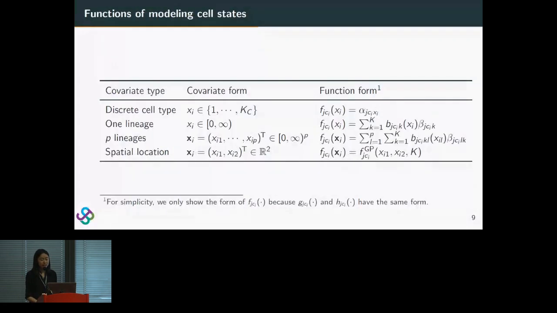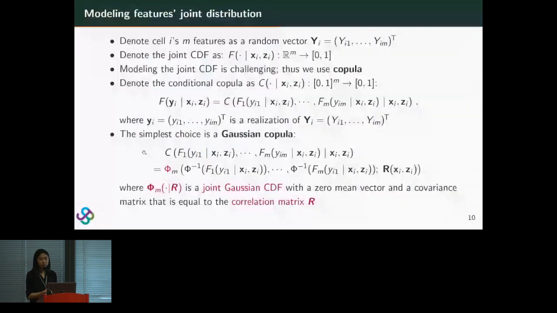So for the cell state covariates, as I mentioned, we can consider cell types, one lineage, P lineages, and spatial location. So the joint modeling part is the Gaussian copula I briefly mentioned in the morning. Specifically, after we get a marginal distribution for every gene, for every feature j, we have F1 to Fn. We have a total of n features. What the copula does is that it models the joint distribution of the n features after each feature is transformed by its own CDF.